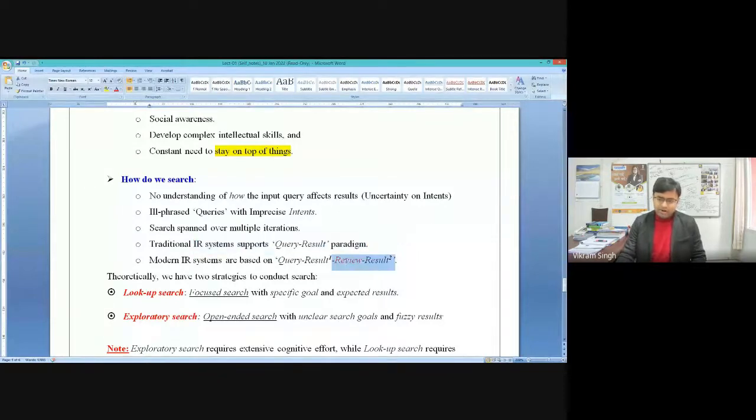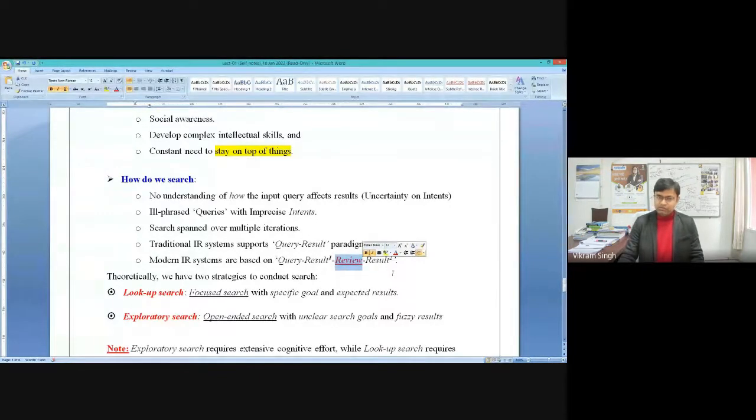So that's why modern systems are going beyond it. Modern systems have this review element in between. They are concurrently utilizing your behavior on the search results. So you supply some query, the system generates some results, and the very next moment, when you operate on these results, that part is considered a review, and your responses on the results will be considered, right?